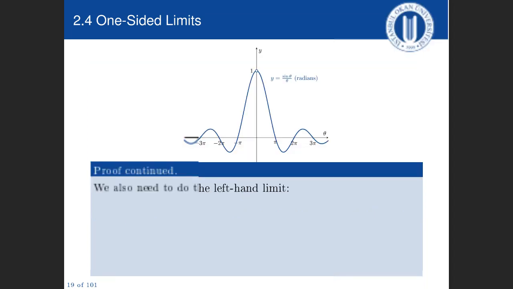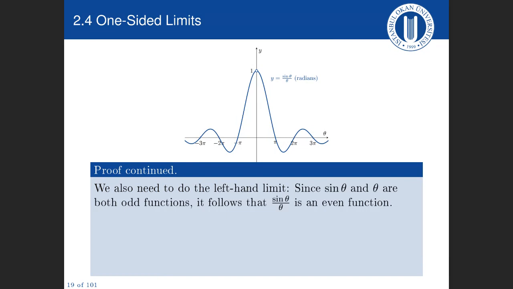So that's the right-hand limit, but we also need to do the left-hand limit. But this is going to be easy because we're going to use symmetry. Sine theta is an odd function. Theta is an odd function. So when we do sine theta divided by theta, an odd function divided by an odd function must be an even function.